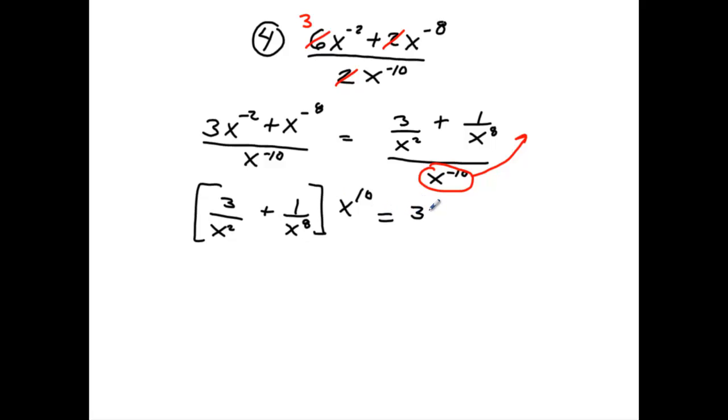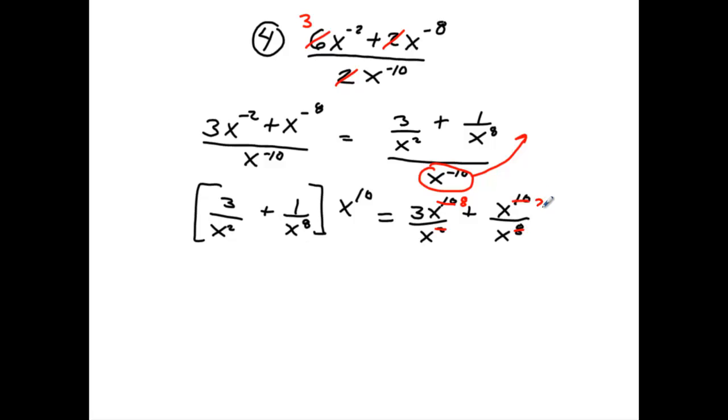I'm going to get 3x to the 10th over x squared plus x to the 10th over x to the 8th. Now go ahead and simplify that. I got a 10 here, a 2 here. You do not divide, you subtract. That gives me an 8 here. 10 here, 8 here.